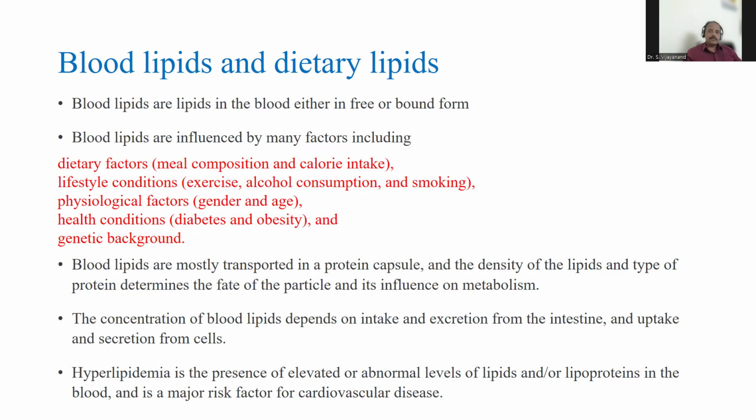Considering blood lipids, especially lipoproteins, they are present in the blood in the free form or bound form. Blood lipids are also influenced by different factors, probably dietary factors, lifestyle conditions, and physiological factors.